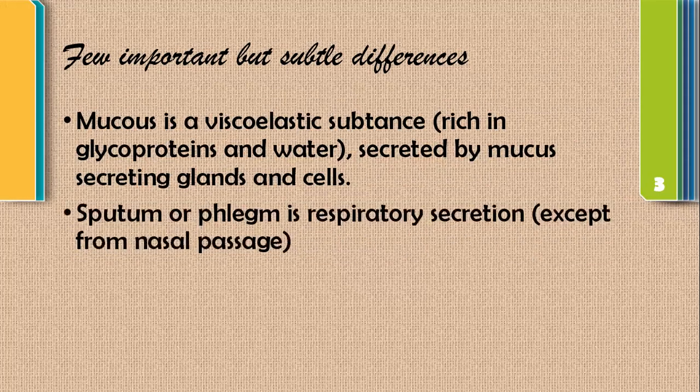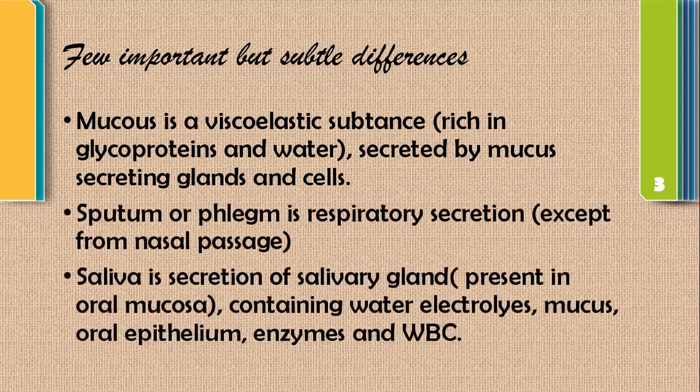The next thing is sputum. Sputum or phlegm is the respiratory secretion except those produced from the nasal passage. And saliva, on the other hand, is the secretion of salivary glands, which is present mostly on the oral mucosa and some part of the pharynx. It contains electrolytes, mucus, oral epithelium, enzymes, as well as different kinds of leukocytes.